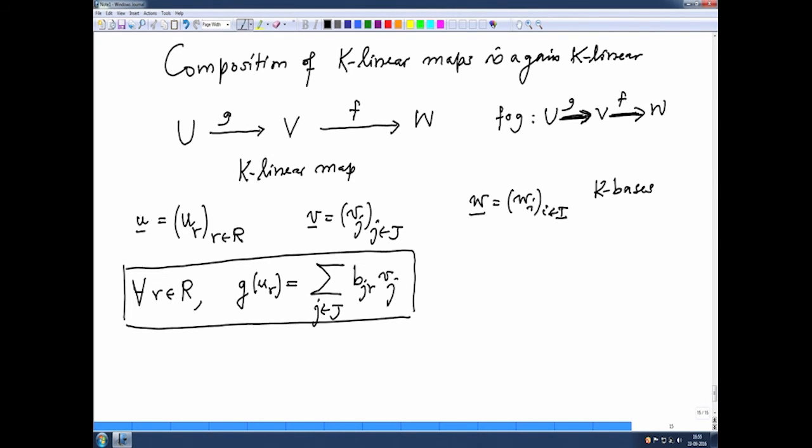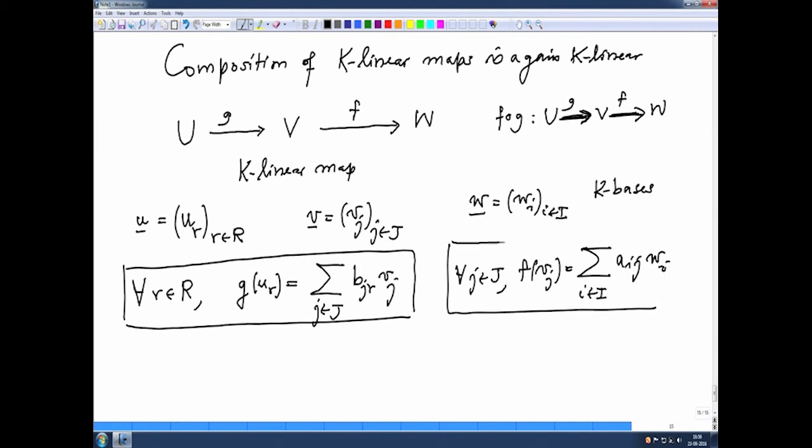And for F, for each j in J, f of Vj is the summation over i in I of Aij Wi.